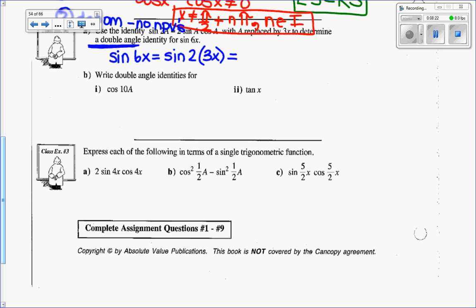If you look at the top of your page, I can't keep scrolling up and down because the scrolling feature is not working very well on this smartboard, but if you look at the top of your page or on your formula sheet, you can see that sine 2a, in this case this is our a, is 2 sine a cos a. So what that really means is we'd be doing 2 sine 3x cos 3x.